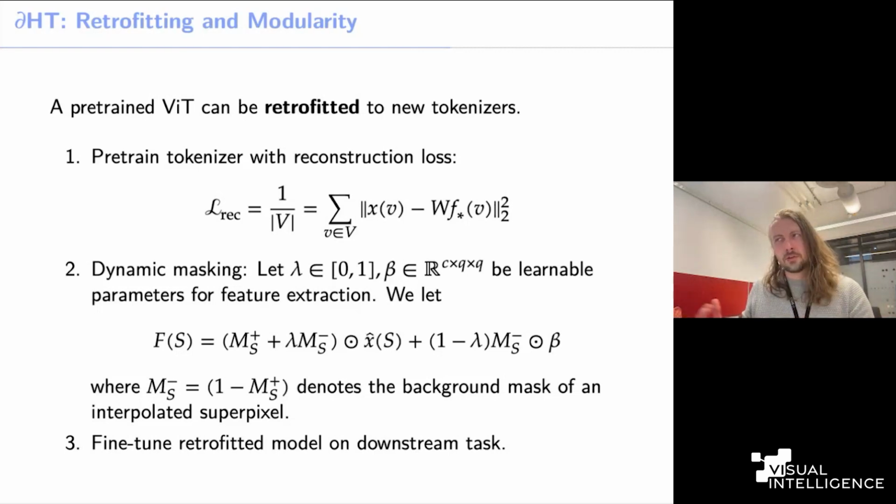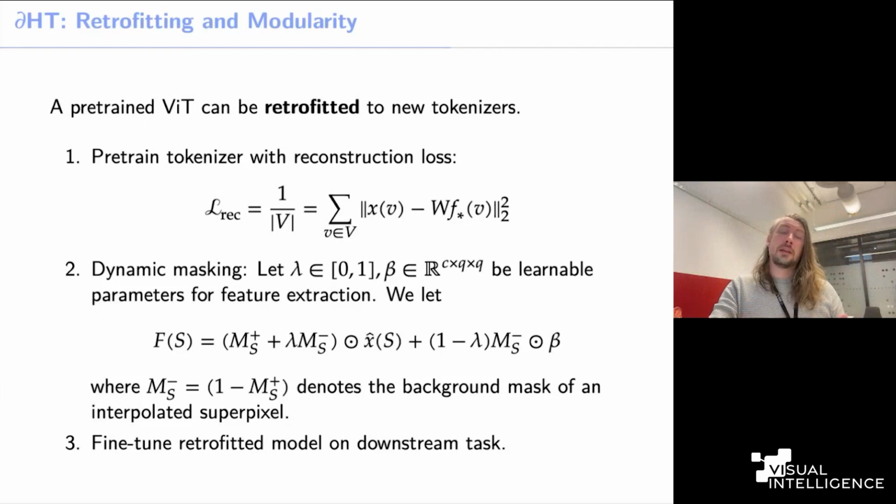During this process, the tokenizer will learn to partition the image optimally, and also to project these features from the CNN's latent space back to something that corresponds to RGB.